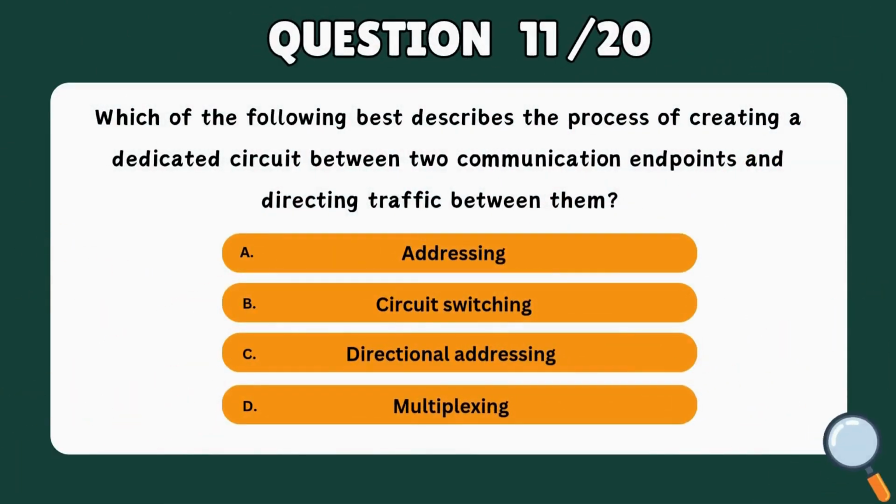Question 11. Which of the following best describes the process of creating a dedicated circuit between two communication endpoints and directing traffic between them? A. Addressing. B. Circuit switching. C. Directional addressing. D. Multiplexing.